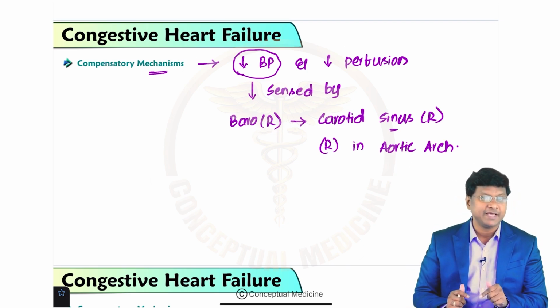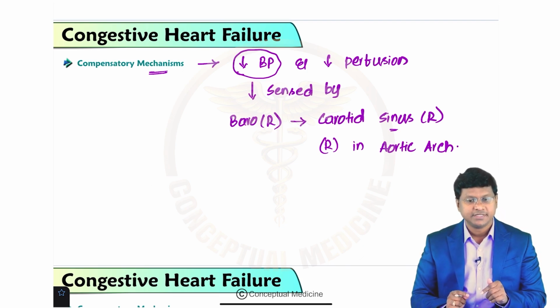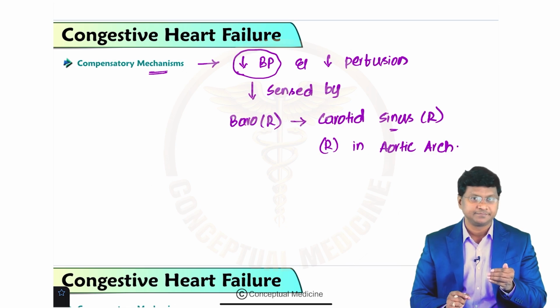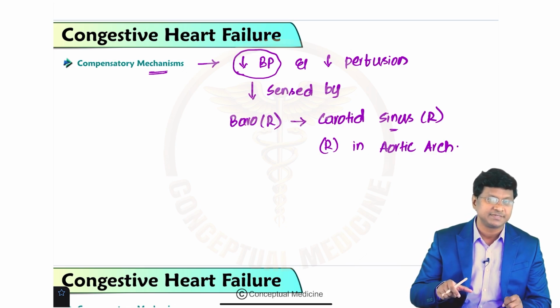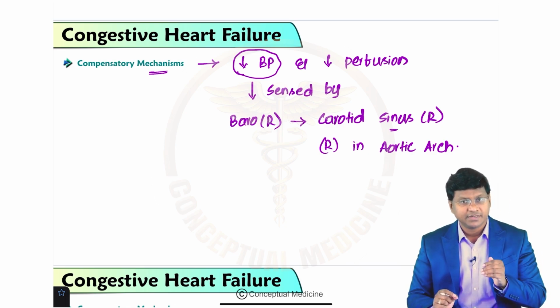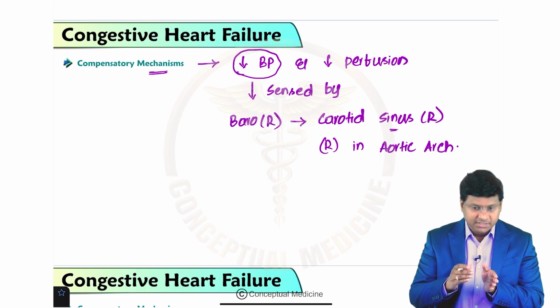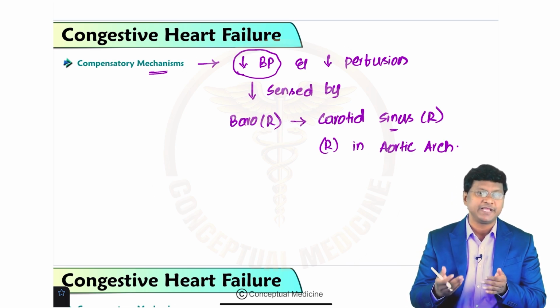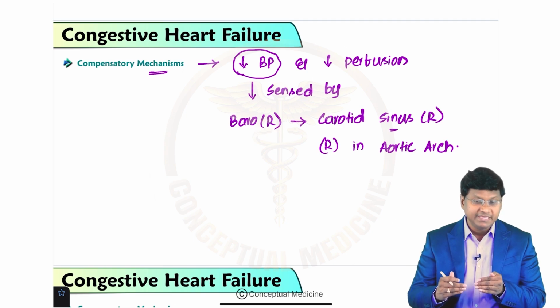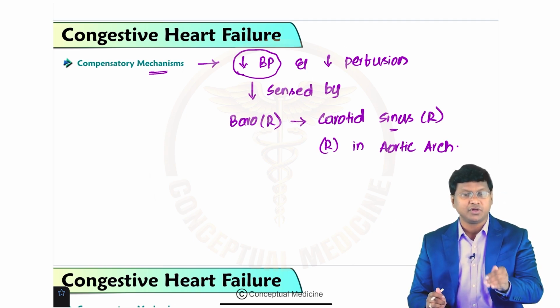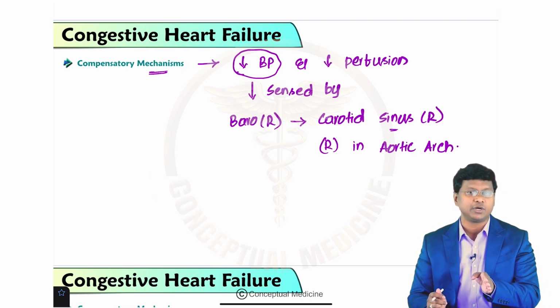And once these baroreceptors are activated, the afferent gets activated. The afferent from these baroreceptors will be the 9th and 10th cranial nerves, which play an important role in giving the information to the medulla oblongata, where the sympathetic outflow is.